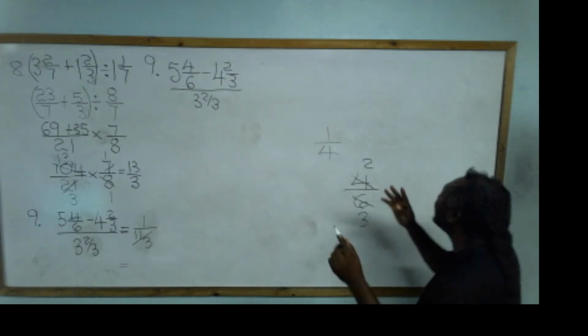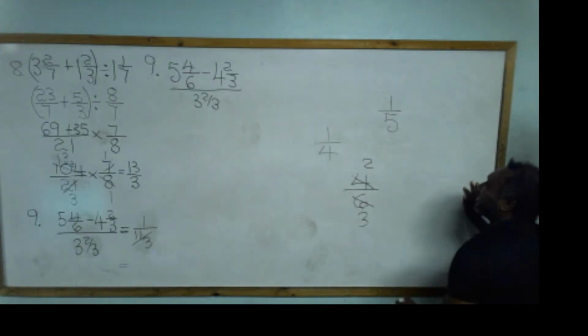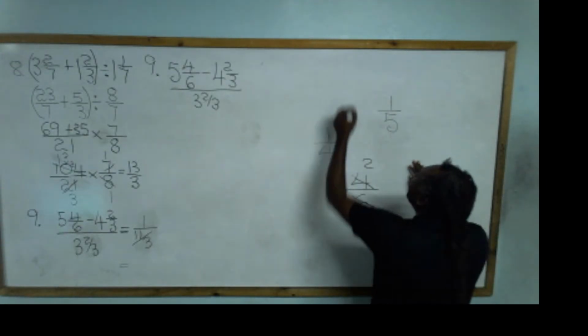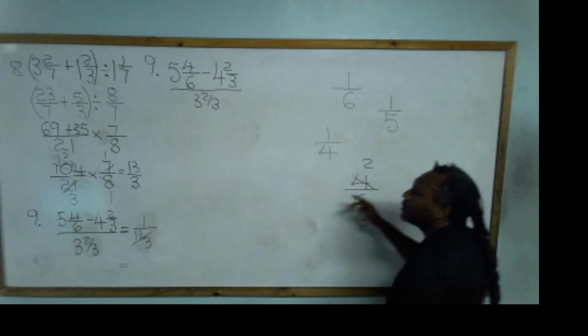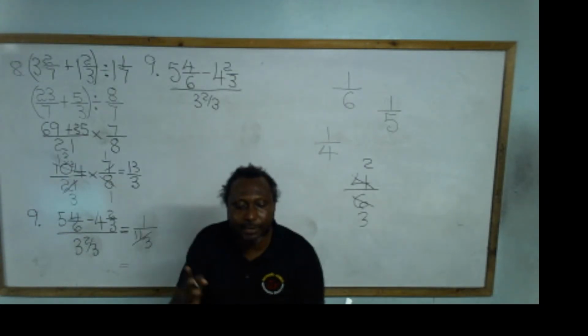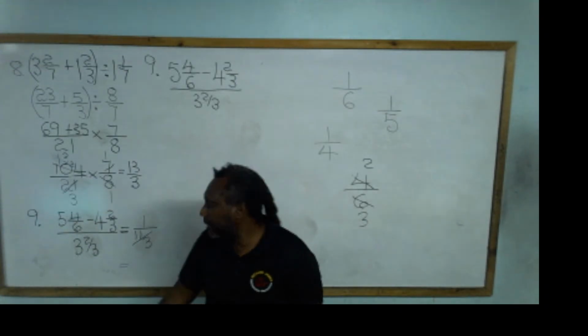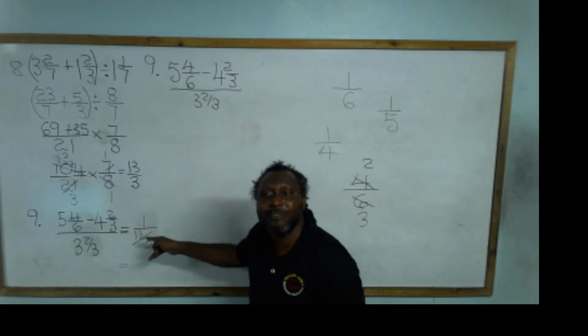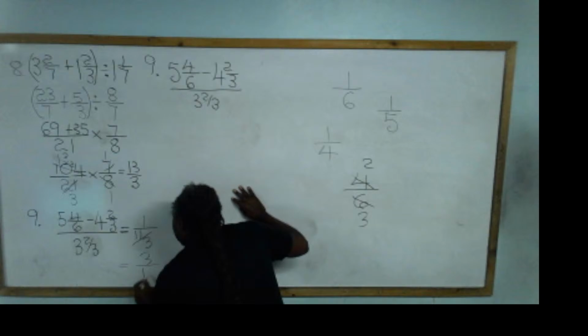If you want to write the reciprocal of 5, you write it as 1 over 5. If you want to write the reciprocal of 6, you write it as 1 over 6. So 1 over any number is the reciprocal of that number. That means 1 over this fraction is the reciprocal of this fraction, which is merely 3 over 11, and the answer is that, and we are finished.